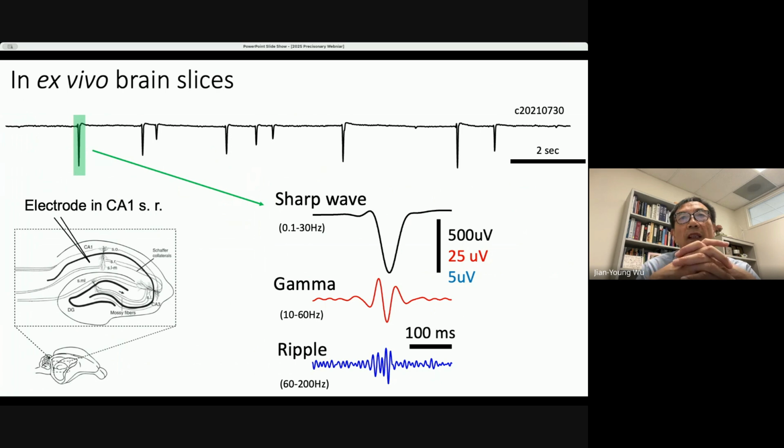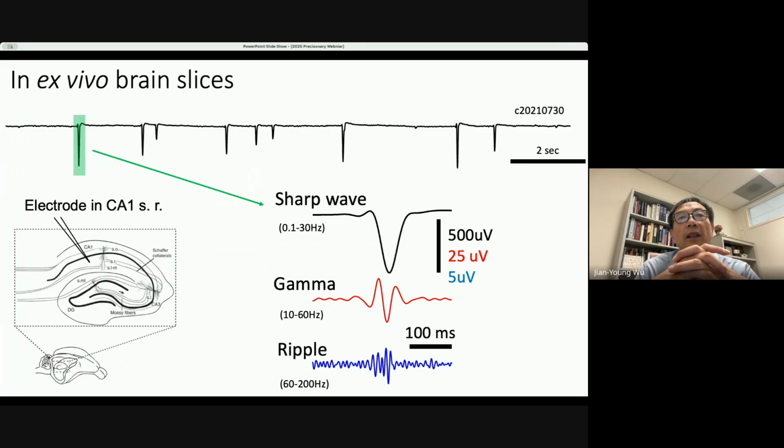One explanation is that the network of PV neurons in the gamma oscillations is a little bit larger, so the larger group gives a synchronized signal to the nearby local field potential.